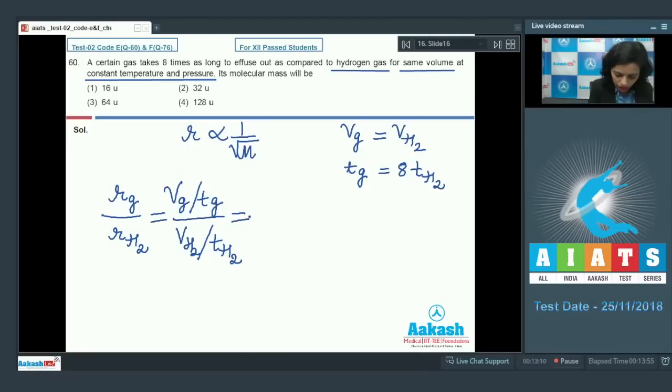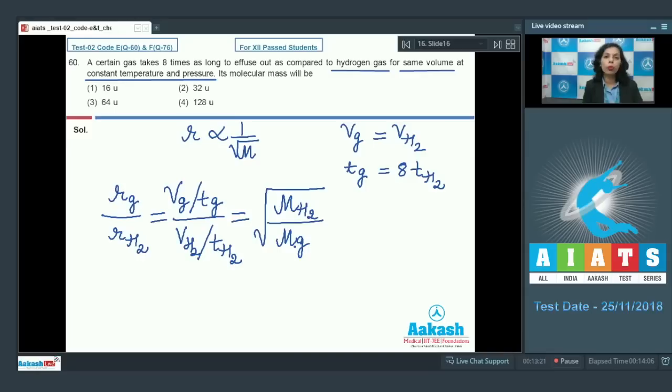Further, it is equal to the root of molar mass of hydrogen upon the molar mass of that particular gas. This would be the formula that we can follow here. And now let's place the values here. Vg and VH2 are equal, so these can be cut.